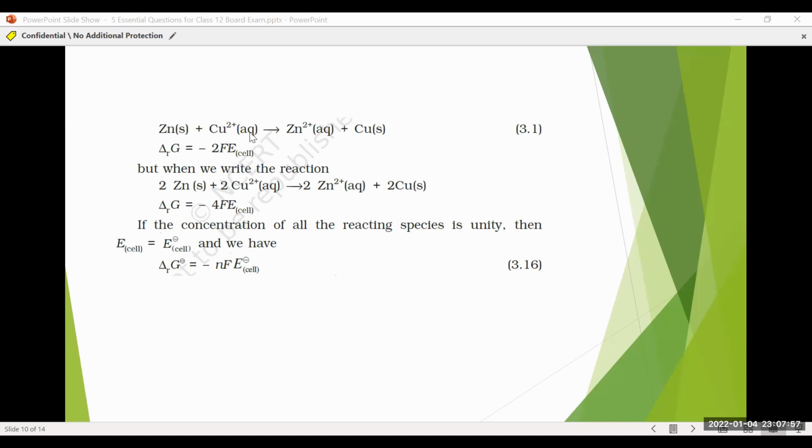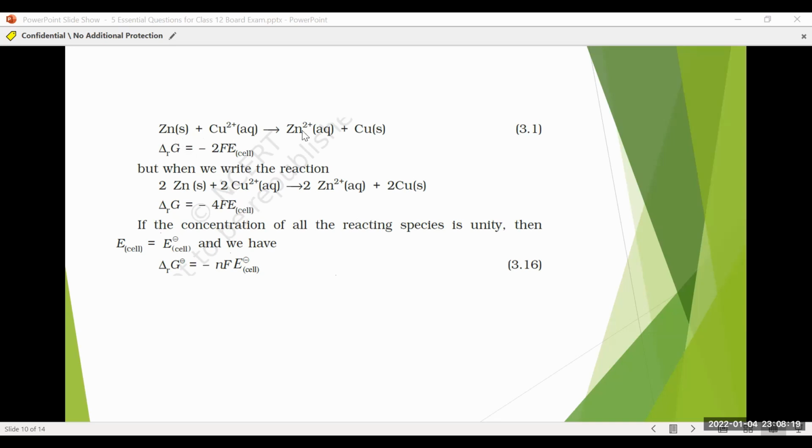In case of electrochemical cell, it is defined as the amount of charge passed in a cell with the suitable potential difference. How much charge is passed in electrochemical cell according to the potential difference between the two electrodes.